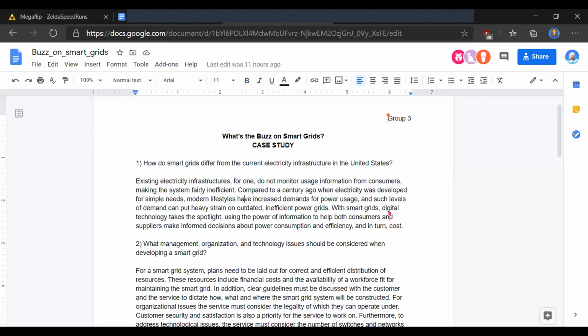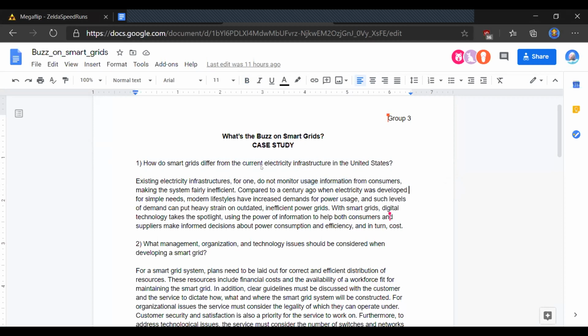Yes. Okay, so question 1 is, how do smart grids differ from the current electricity infrastructure in the US? First things first, the existing infrastructures don't monitor usage information from consumers. They're quite old-fashioned, so it makes the system very inefficient.